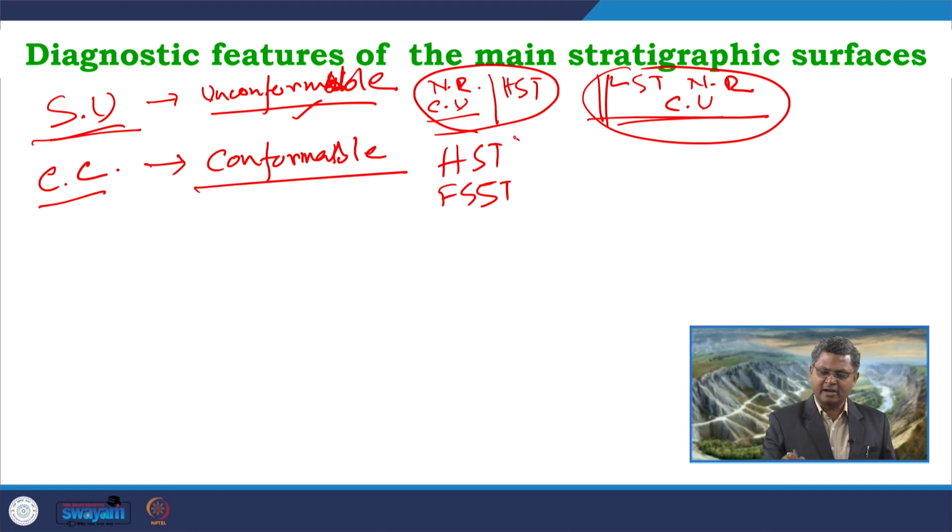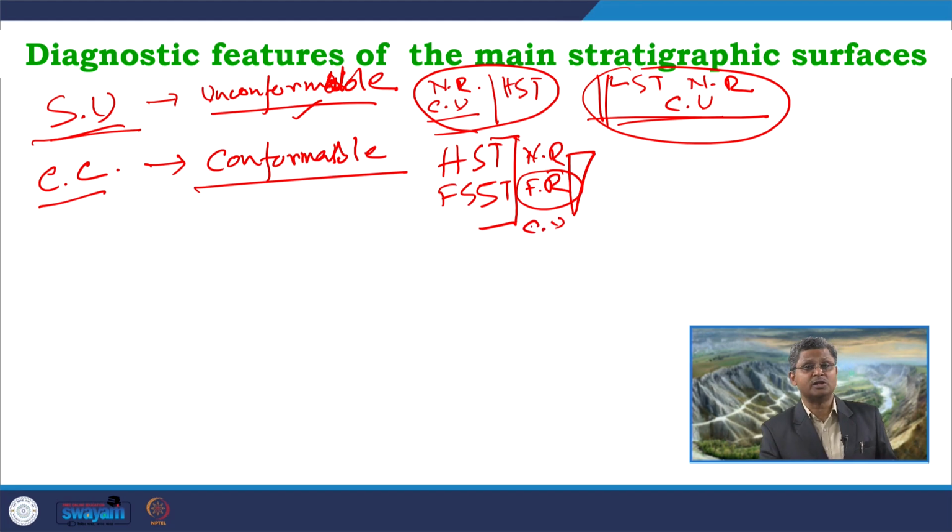So, definitely during this interphase, what we are getting? A normal regression or a forced regression. Commonly it will be associated with a forced regression, and that forced regression will produce this kind of coarsening upward succession. So, again we will get a coarsening upward depositional pattern, depositional trend.